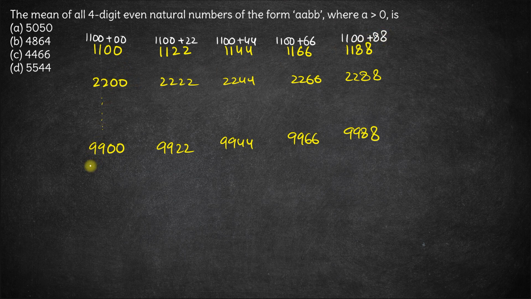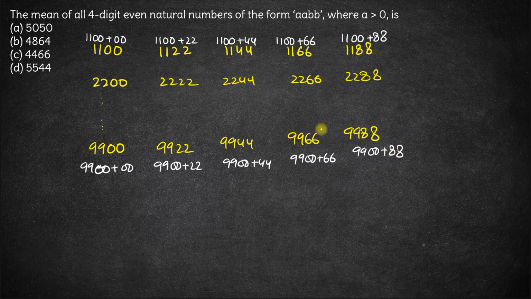Similarly, we can break all these numbers and here we'll have 9900 plus 00, 9900 plus 22, 9900 plus 44, 9900 plus 66 and 9900 plus 88.